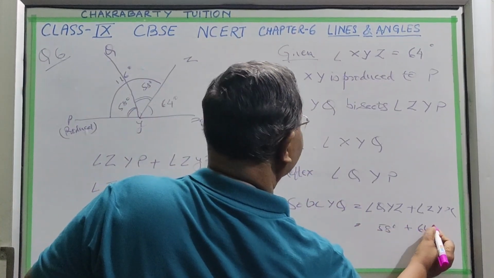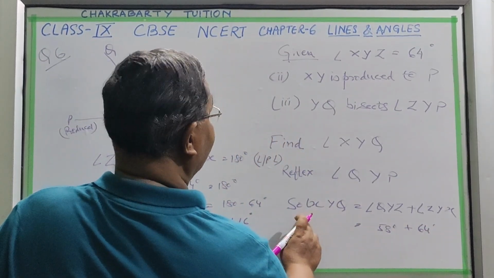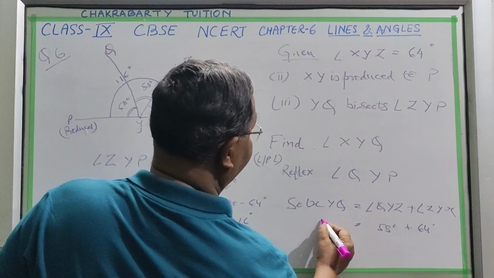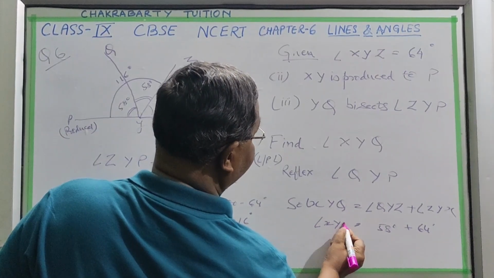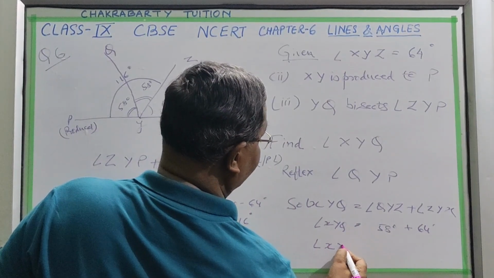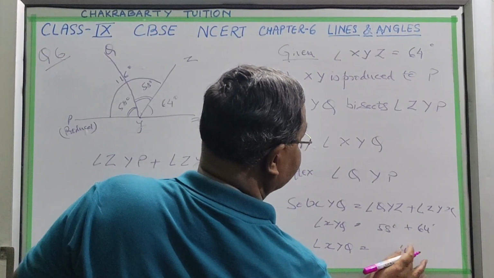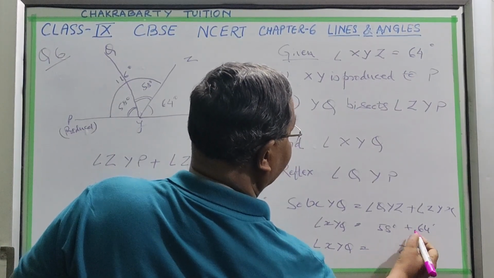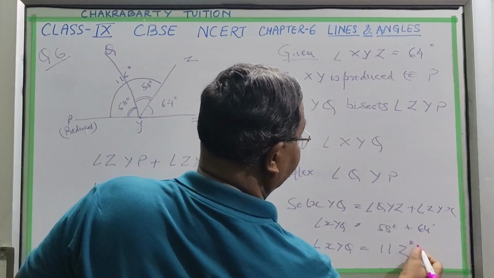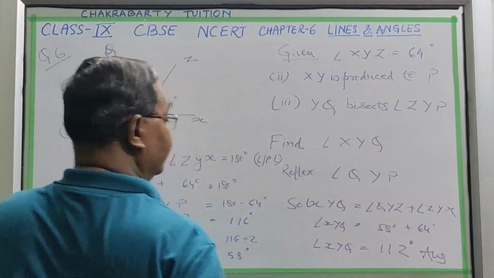So angle XYQ will be 58 plus 64, which is 122 degree. This is one of your answers.